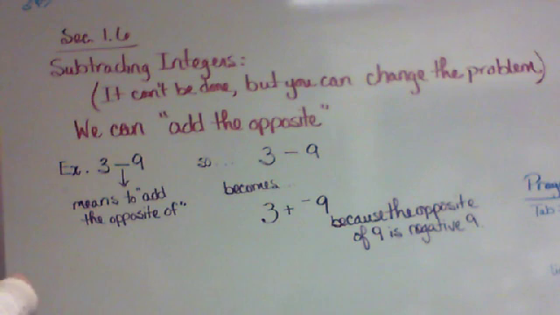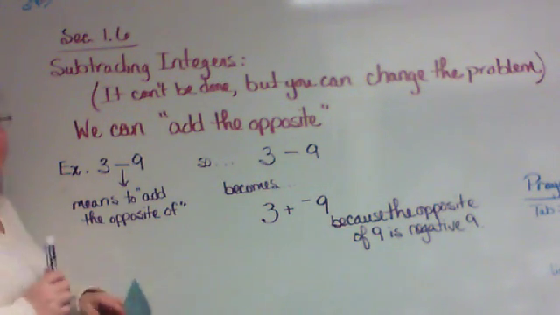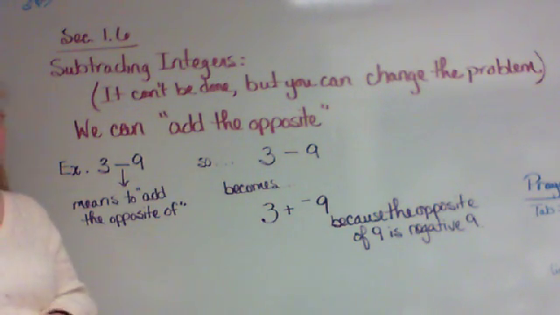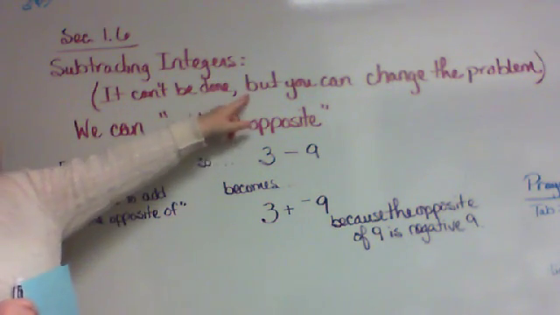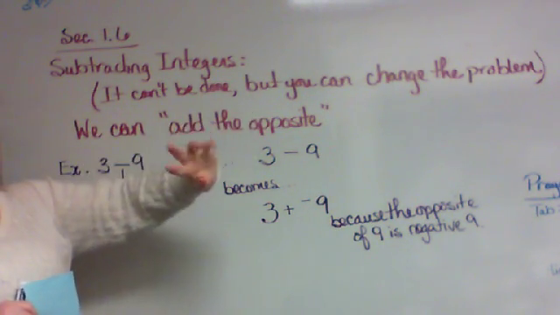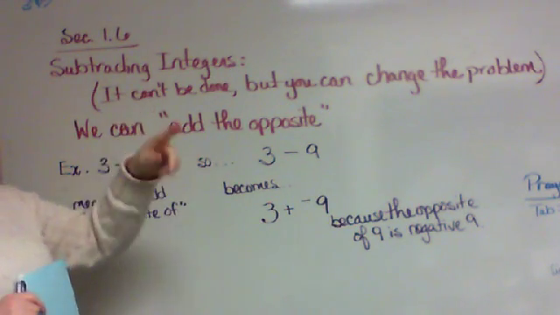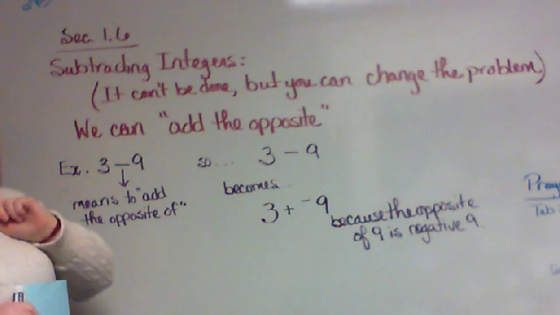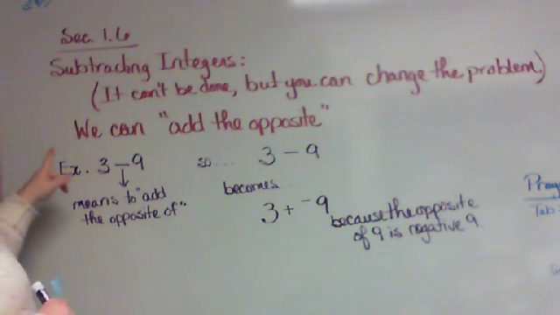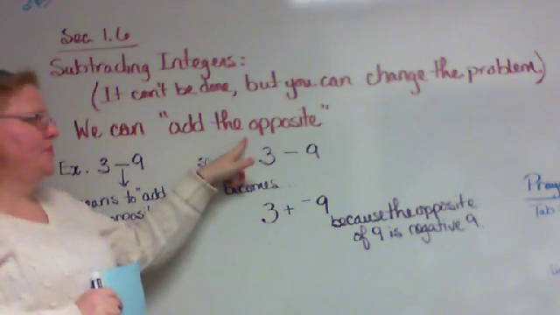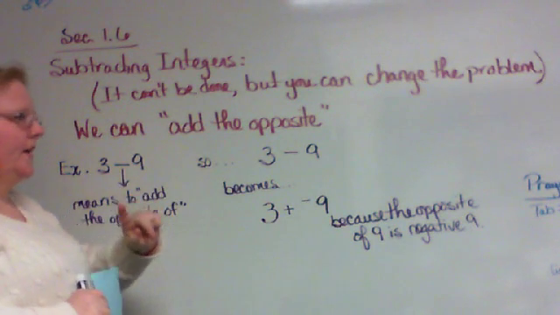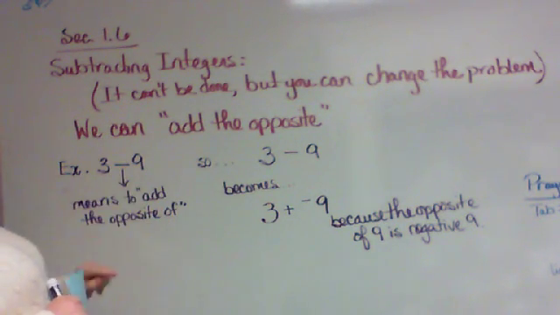Subtracting integers can't really be done. They're going to ask you to do it all the time, but it can't be done. So, since it can't be done, we can change the problem, which is what we do. We change it from a subtraction problem to an addition problem because we know how to do that. So, we can add the opposite. In fact, that's literally what this little subtraction symbol means.